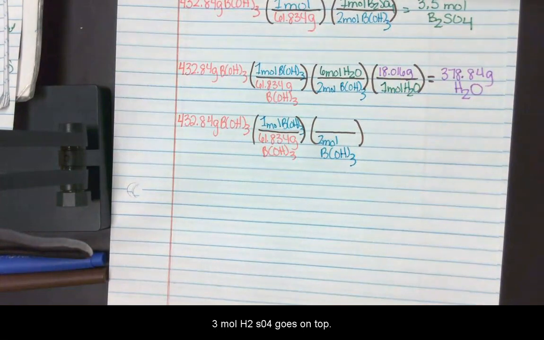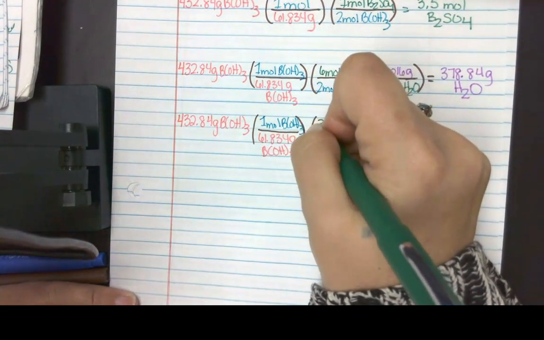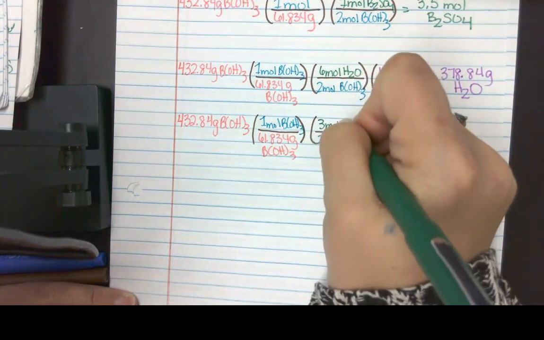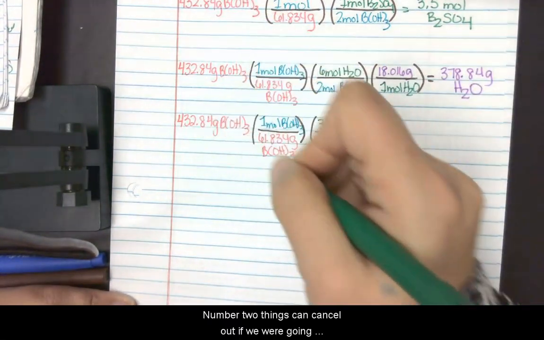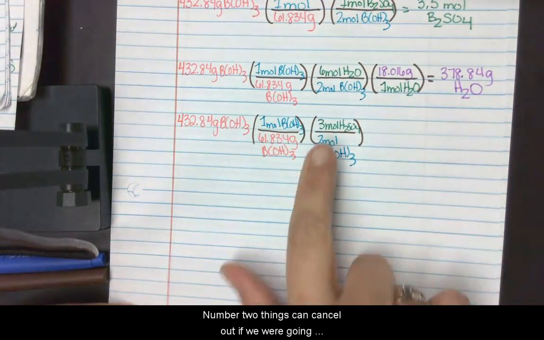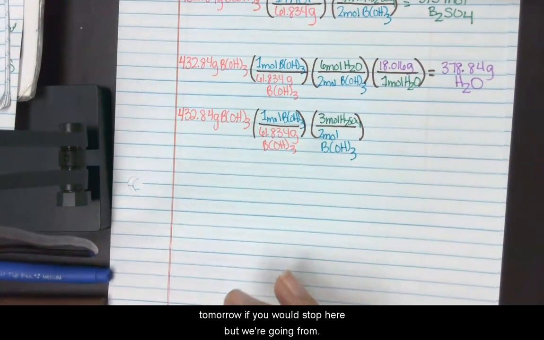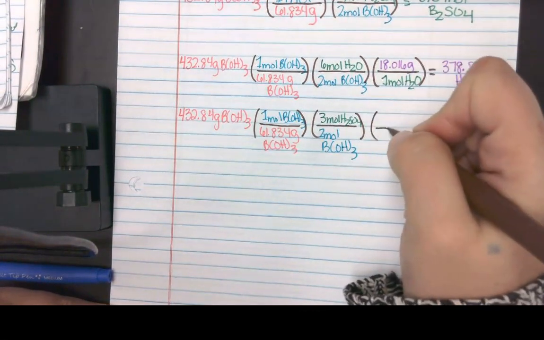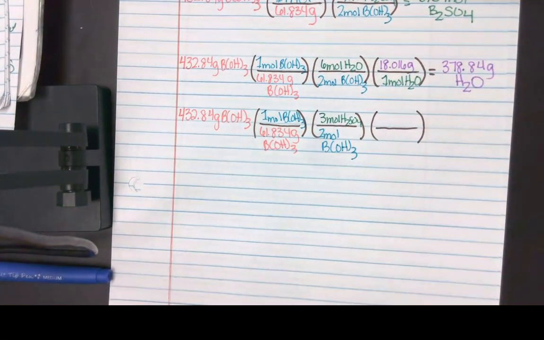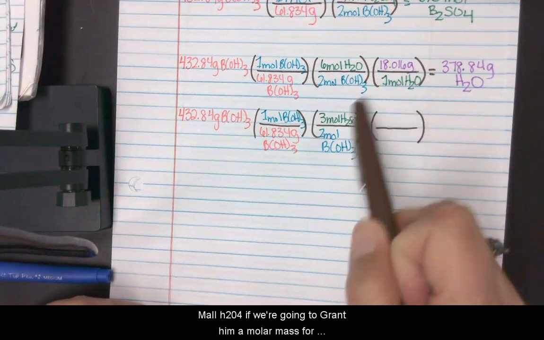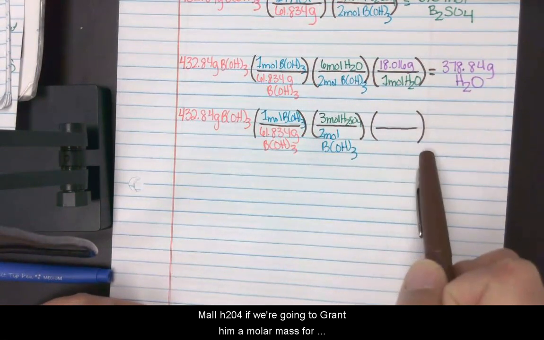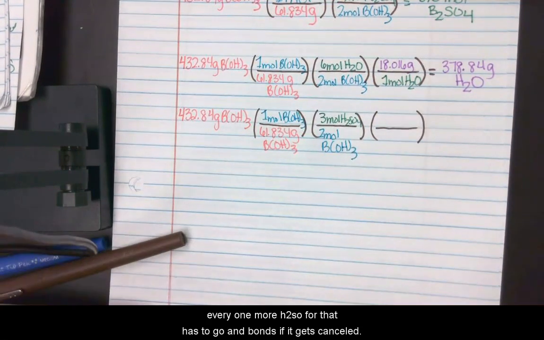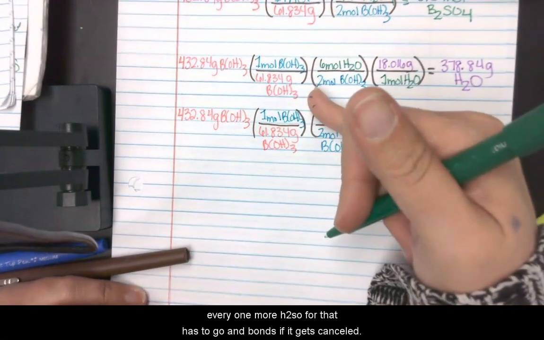And that 3 mole H2SO4 goes on top. Remember that things can cancel out. If we were going to moles, we would stop here, but we're going from grams to grams, so we have to do the third conversion factor. Mole H2SO4, if we're going to grams, remember it's molar mass, it's for every 1 mole H2SO4 that has to go on bottom so that they can cancel out.